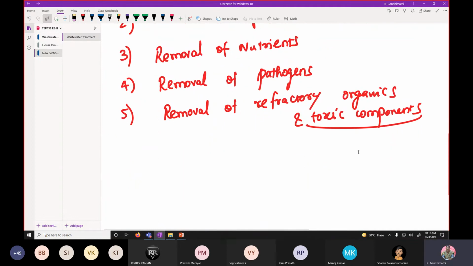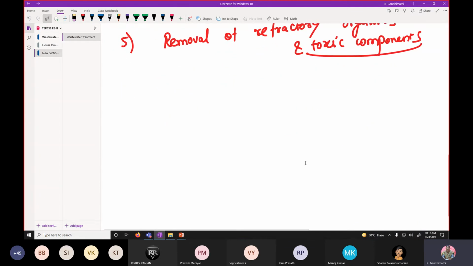Now, in order to remove these constituents from the wastewater, we have to adopt certain treatment units. Generally it is classified as preliminary treatment, primary treatment, secondary treatment, and tertiary treatment.